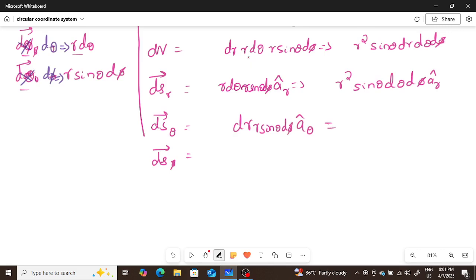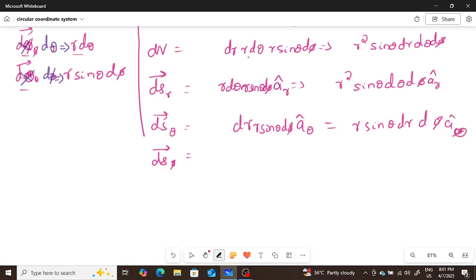So you can write r sin theta dr d phi in the direction of a theta, not a phi.